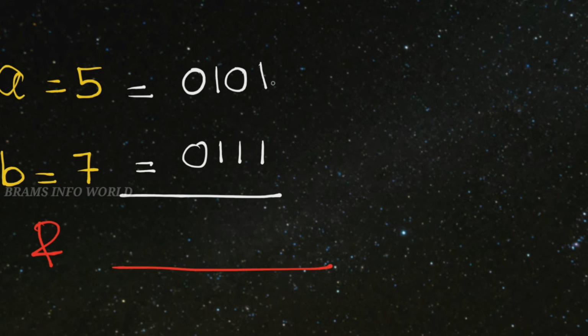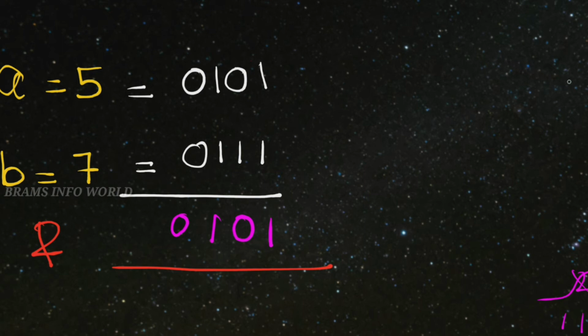We have to check each bit pair as per the truth table. If both are ones, then true. In all remaining cases, false. 0 means false, 1 means true. As per the truth table, the result is 0 1 0 1. So this is our value.